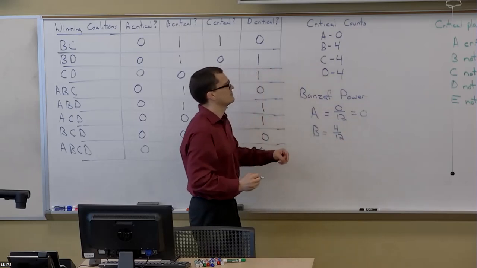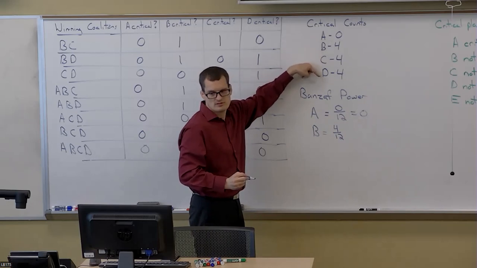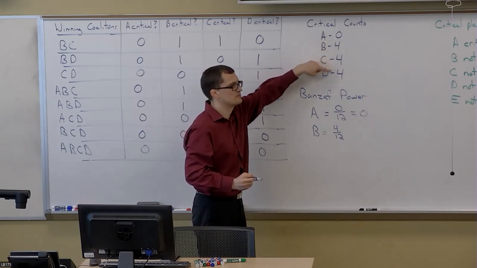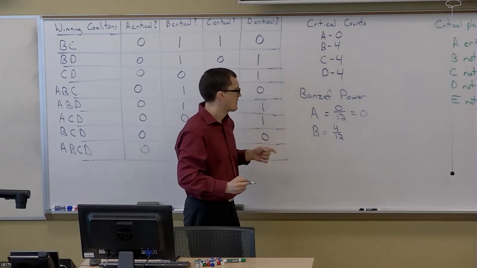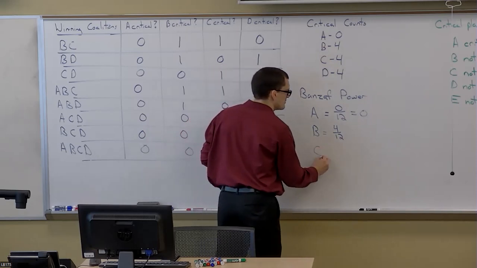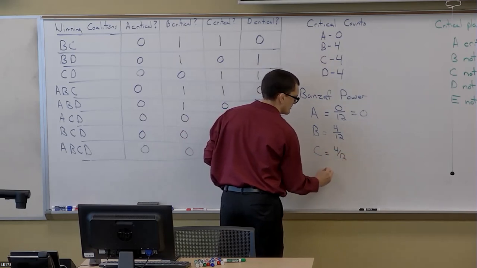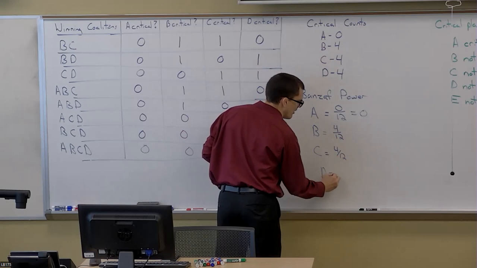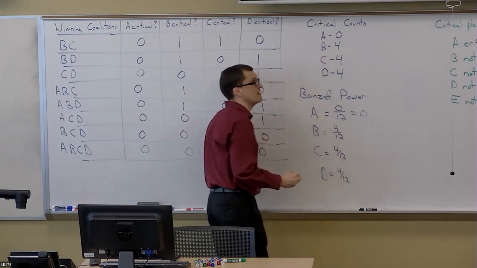Everybody understand where I'm getting the 12 from? I just summed up all of those. I summed up 0 plus 4 plus 4 plus 4 gives me 12. C also has a Banzhaf power index of 4/12. And D also has a Banzhaf power index of 4/12.